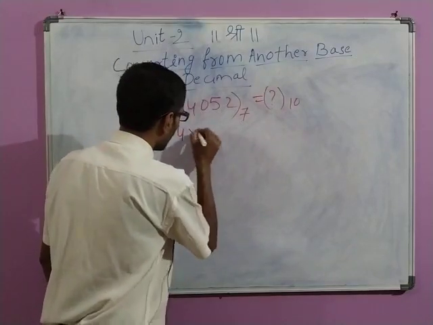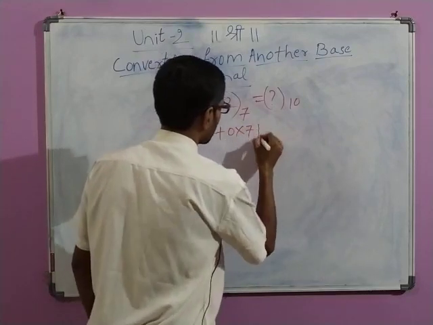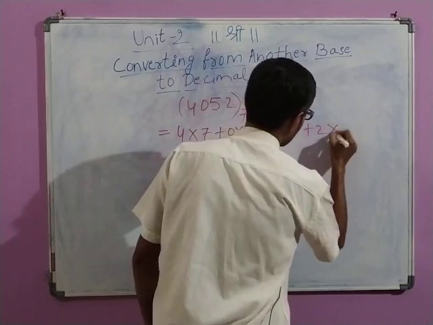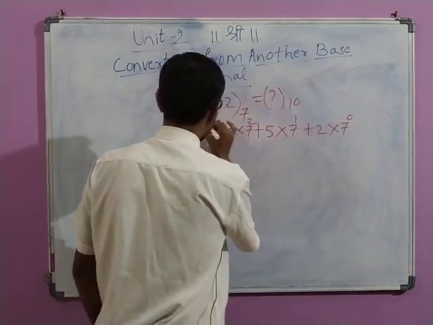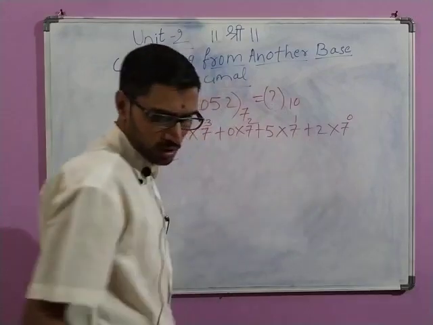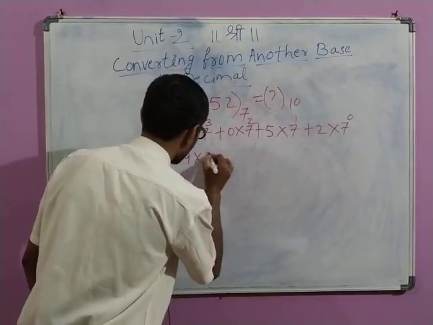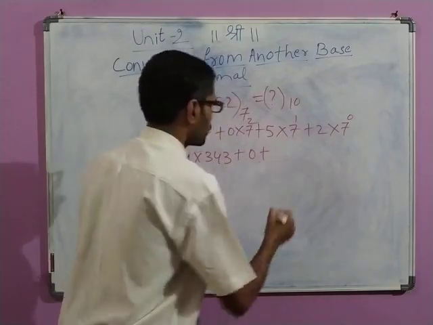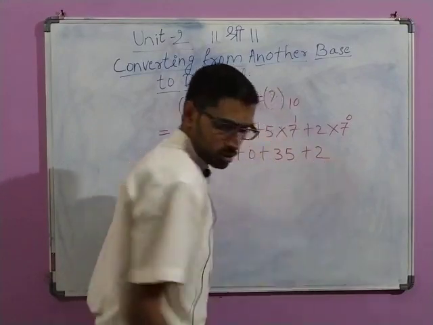So this will be 4 into 7 plus 0 into 7 plus 5 into 7 plus 2 into 7, with 7 raised to 0, 1, 2 and 3. So this comes out to be 4 into 343 plus 0 plus 35 plus 2.